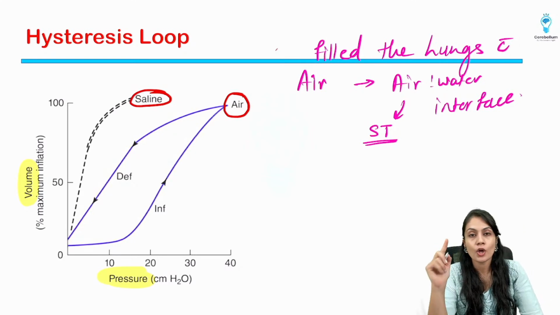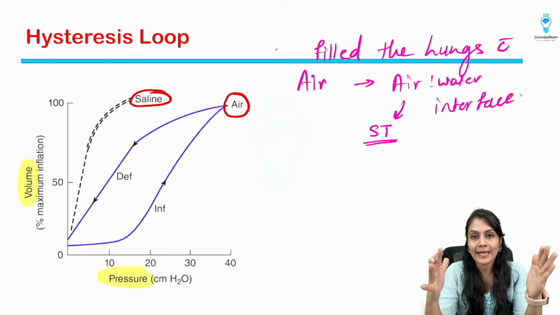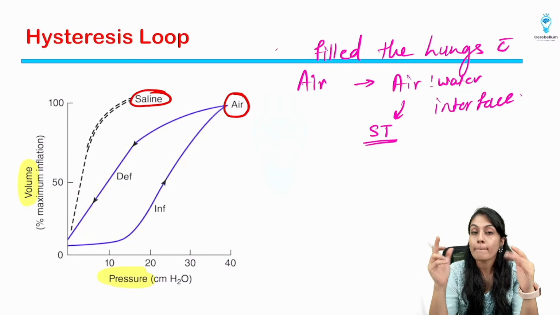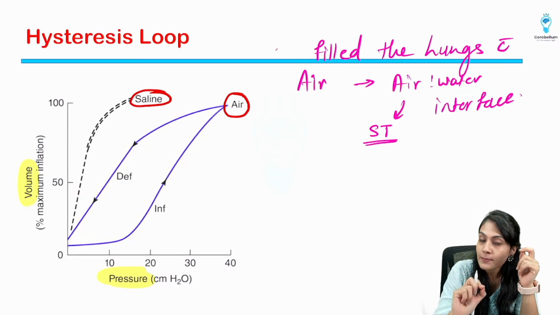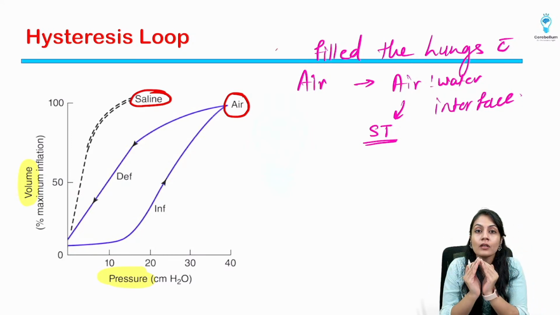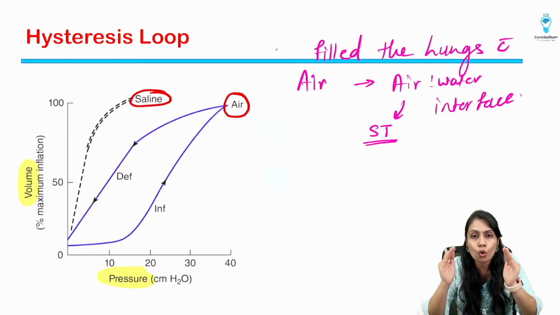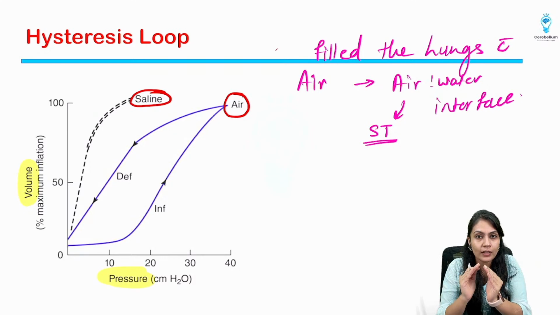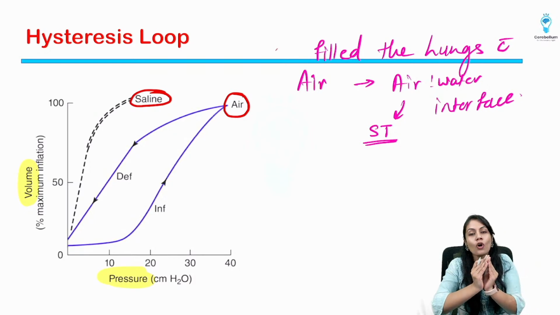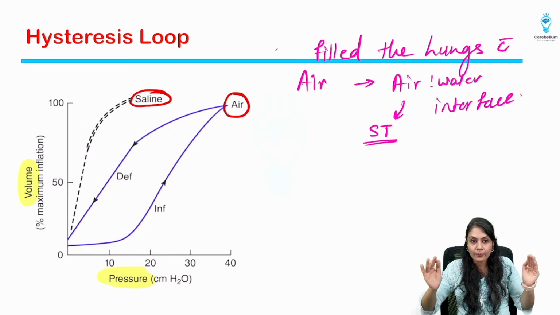It is easier to keep the alveoli expanded when they are already expanded, but at the start of inspiration, remember, they will be at the residual volume. Yes, some volume will be there, but understand it is almost deflated, right? So it is the least inflated part which is going to take much more work done to inflate it, right?